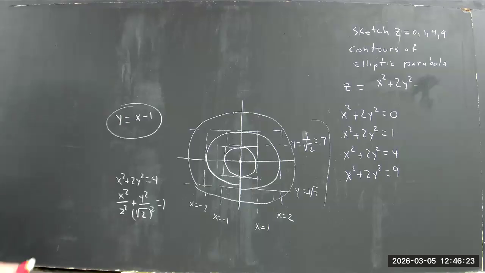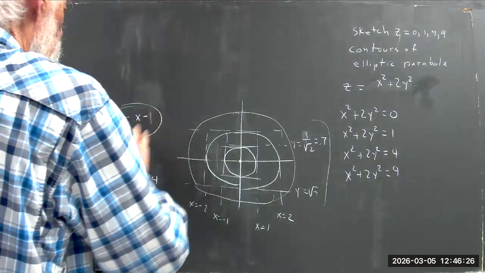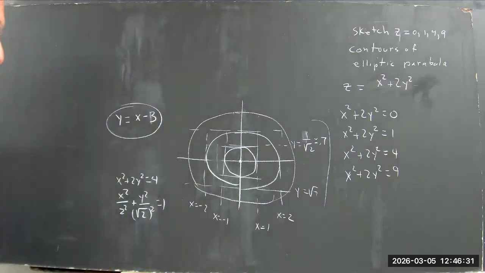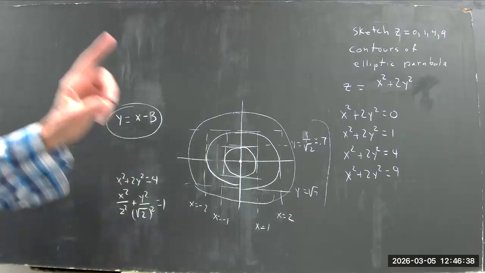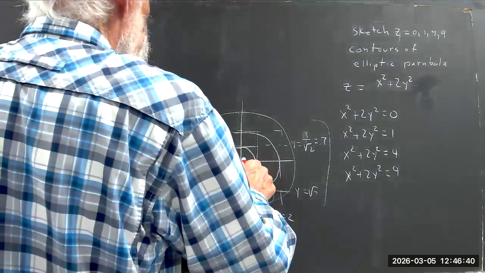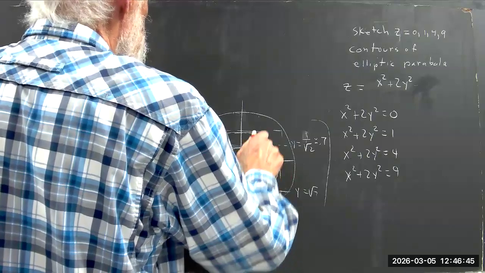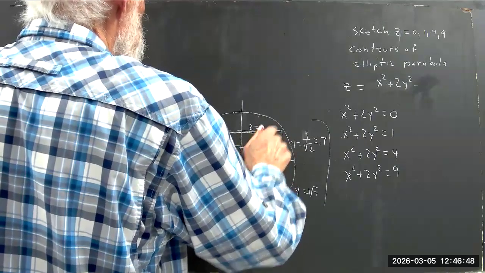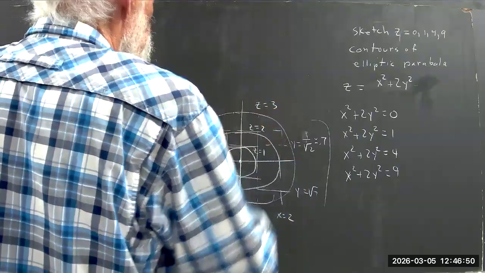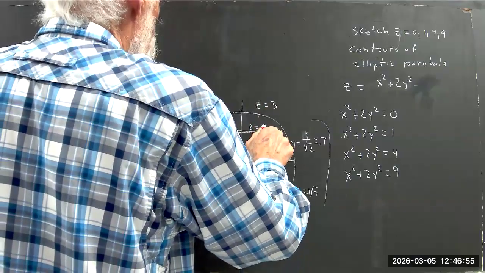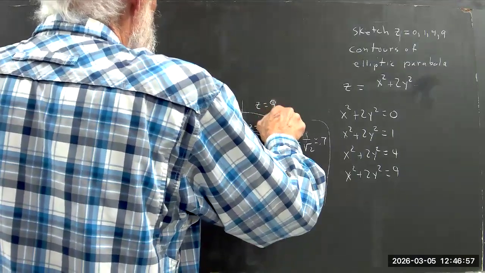I'm going to go a little lower than that. Let's go y equals x minus 3. Where's that line going to go? First of all, this is a contour for z equals 1. This is a contour for z equals 2. This is a contour for z equals 3. Sorry, 1, 4, and 9.